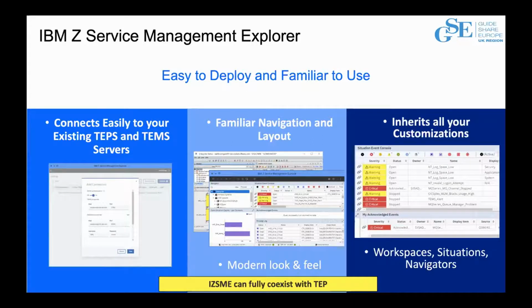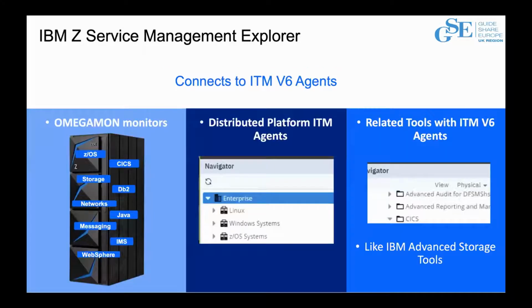You inherit all your customizations. If you created multiple dashboards and multiple workspaces, they will automatically be available in IZSME. Situations as well, and navigators, all of those will be available, and you'll see how that happens because of the architecture. You also have the ITM v6 distributed agents that will be connected to or available in IZSME as well.